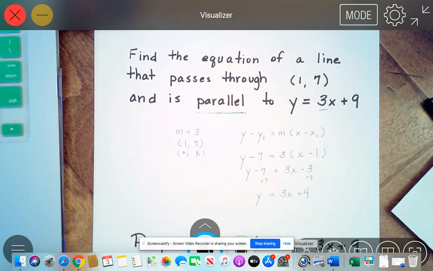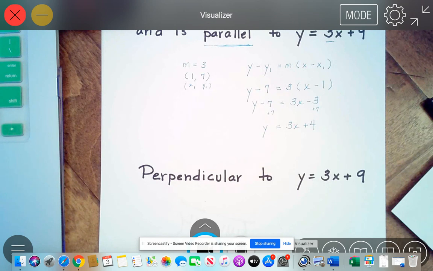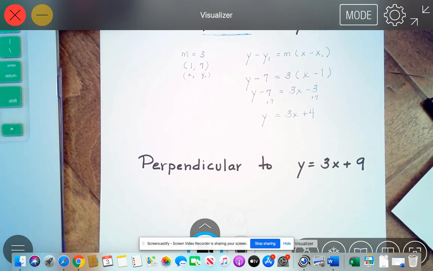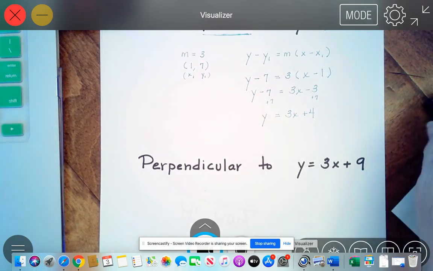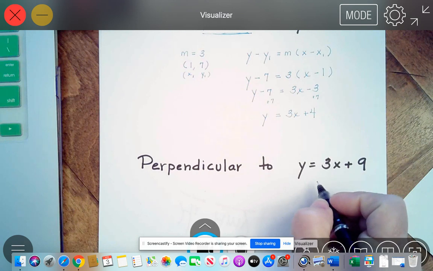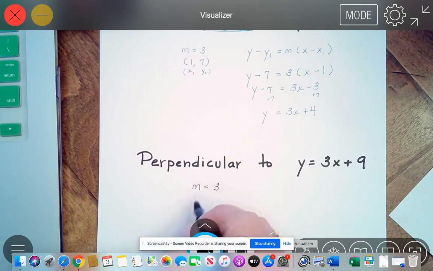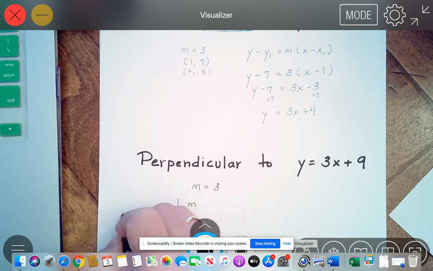So the next thing that we want to do, what if we want to find the equation of a line that passes through this point, (1, 7), but it is going to be perpendicular to y equals 3x plus 9. I know here that my slope is 3. And yesterday we saw that a perpendicular slope, we're going to write perpendicular like this, perpendicular slope.